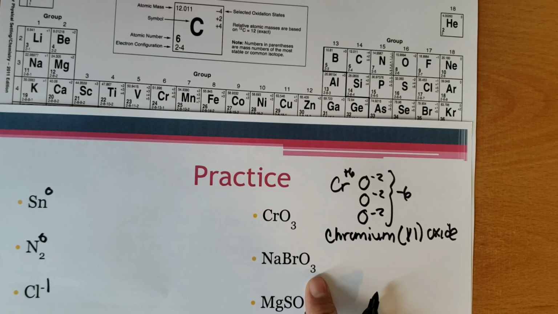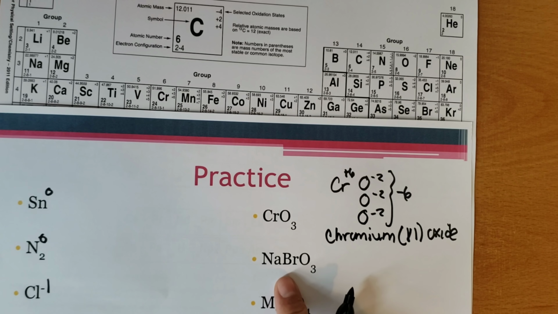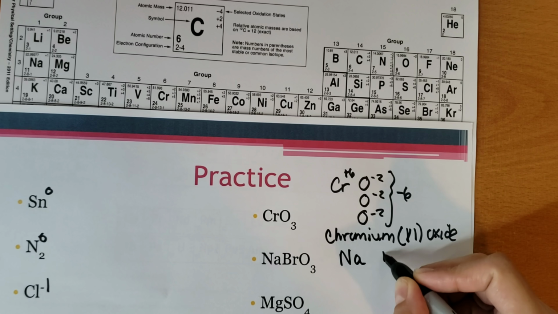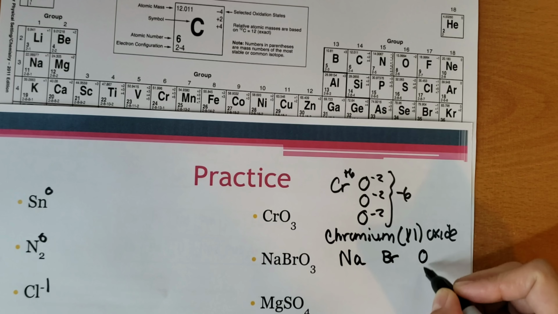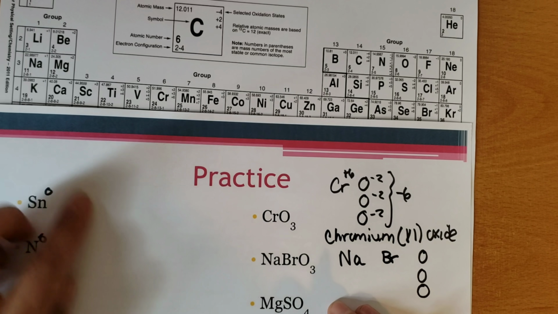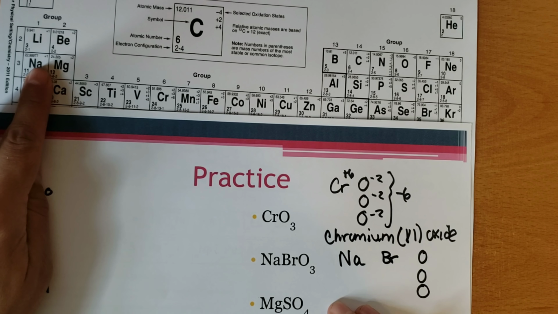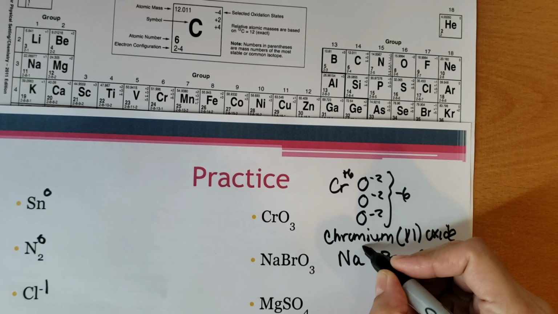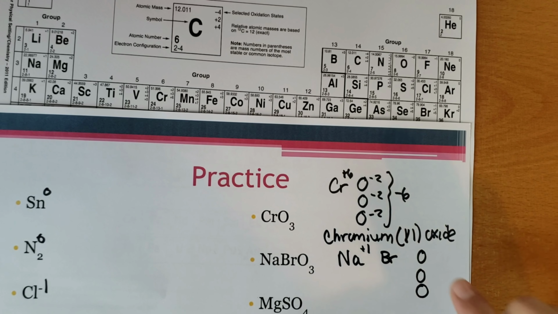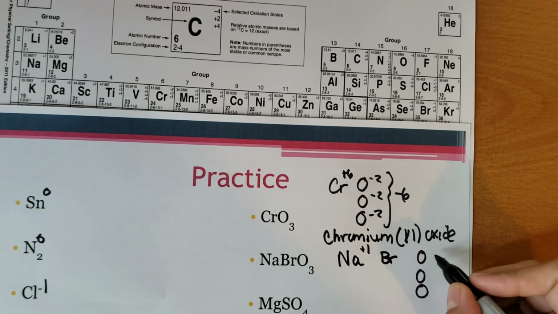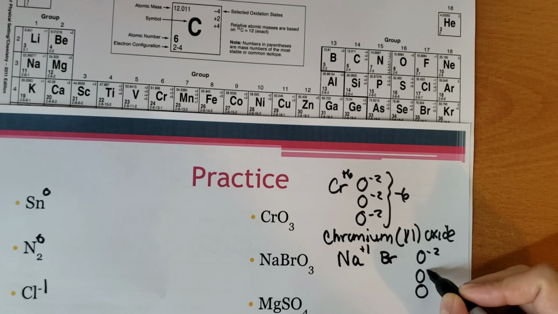Let's look at this species. So here we have 3 different elements. We have a sodium, a bromine, and 3 oxygens. Now, when we look at sodium, element number 11 on our reference table, the charge it always has in a bond is +1. And again, oxygen, element number 8, only ever has the charge of -2.